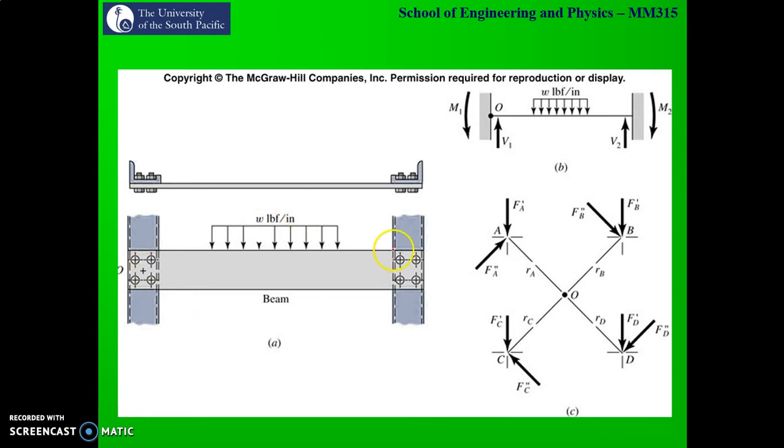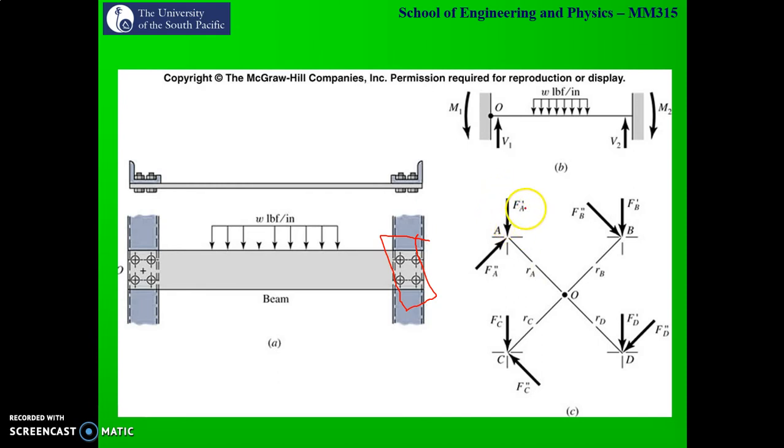So you've got two columns, and the columns are joined using a beam, and the beam and the column are joined together using bolts, and then we have a force acting. So the first thing that we do is, let's say we're looking at this side. We've got 4 bolts, so we'll have A, B, C, D, and on these bolts we'll have forces acting, and these forces are due to two things.